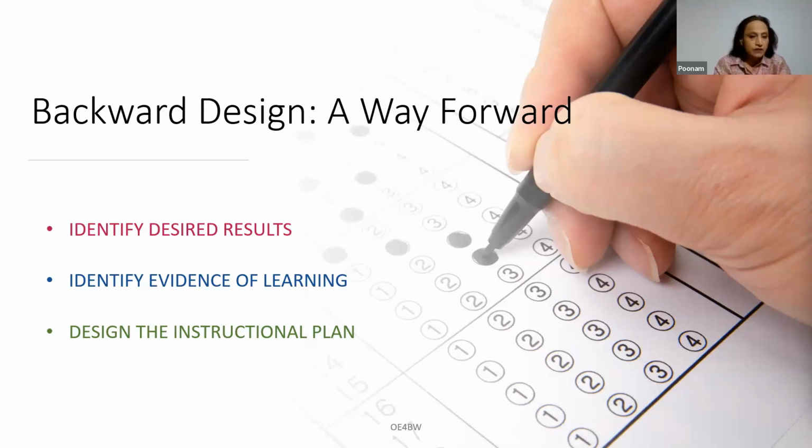Step three is to plan learning experiences, instruction, and resources that will help students provide evidence that they have met the learning outcomes. That is, select the best path that gives the greatest probability of success in reaching the desired outcome.